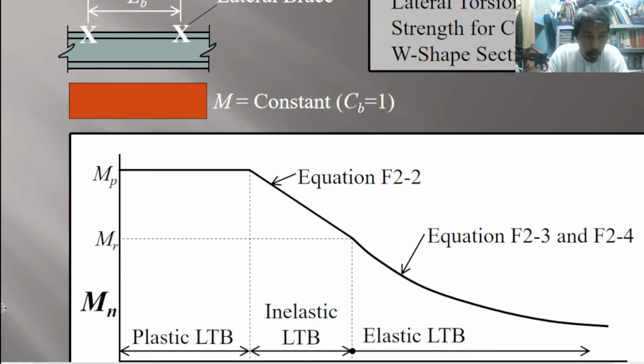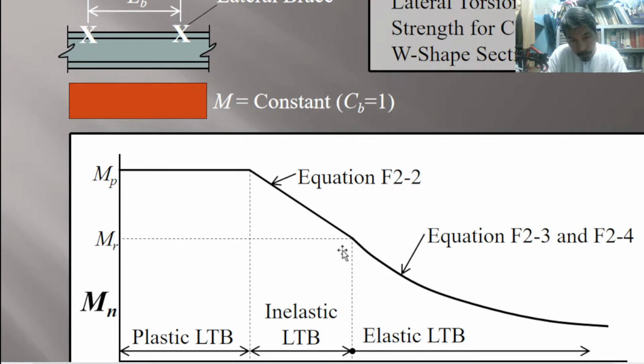So next we have lateral torsional buckling or LTB. Lateral brace, so you have bracing. This is the location of bracing. That is the length or distance between braces.